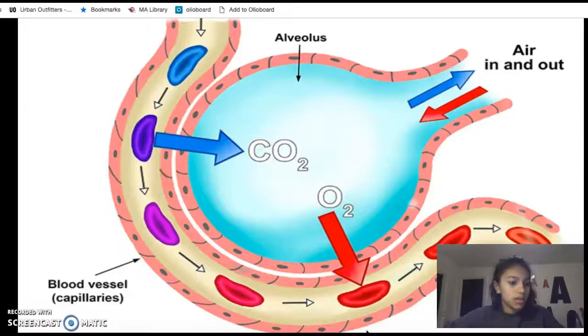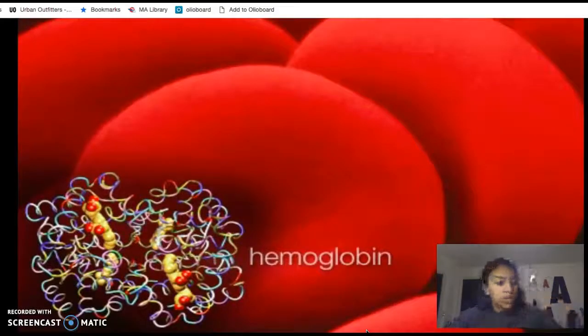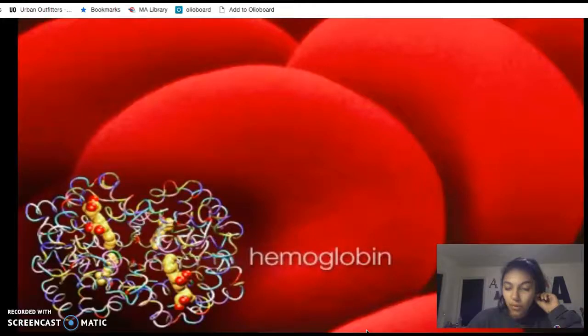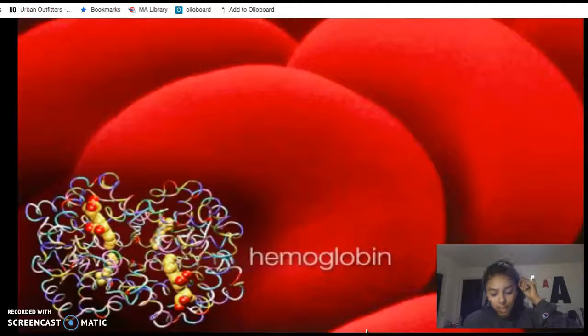All right. So once oxygen is transported through the body by hemoglobin, which is in red blood cells, these then dissolve into our blood. So our neurons then receive oxygen when the hemoglobin is released.